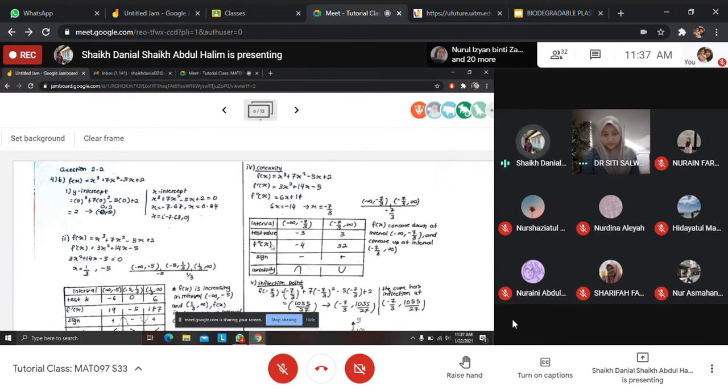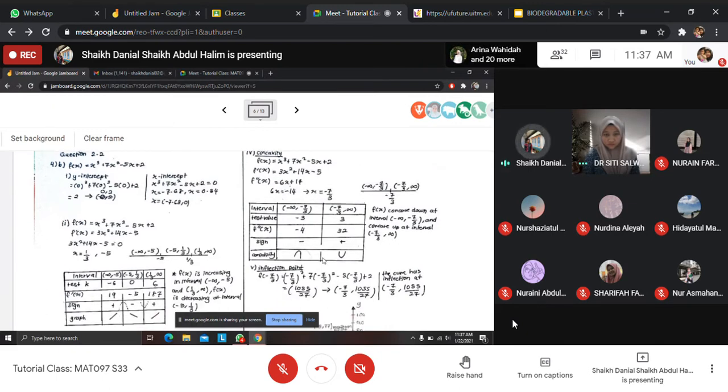Dan kita masukkan dalam double prime f dia, nanti sign dia kita dapat negative and positive. So nanti dia akan dapat concave menghadap bawah and concave up. So nanti kita tulis kat sini f(x) concave down at interval negative infinity to negative 7 over 3 and concave up at interval negative 7 over 3 to infinity.